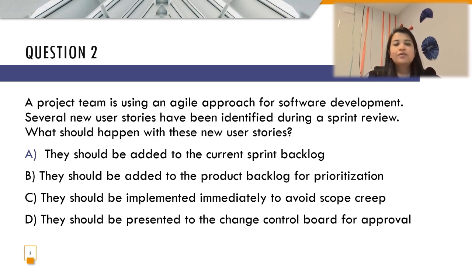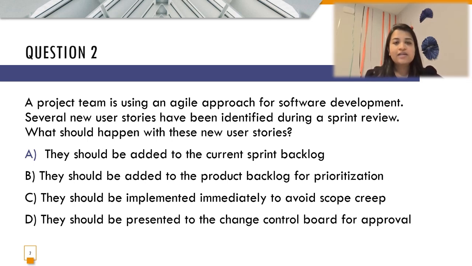Alright, so as soon as you encounter any new user stories based on the agile software development approach, you have to keep a few things in mind. It is the responsibility of a product owner to decide which user stories are more important given the minimum viable product, or MVP, to be presented to the client, making sure that the most important features are incorporated into a particular sprint.